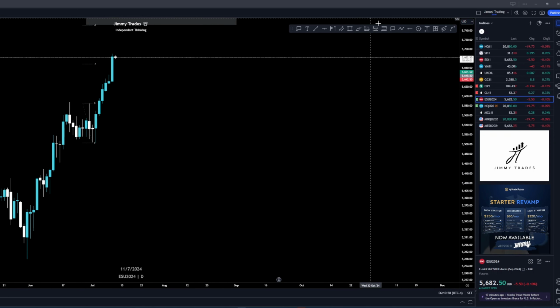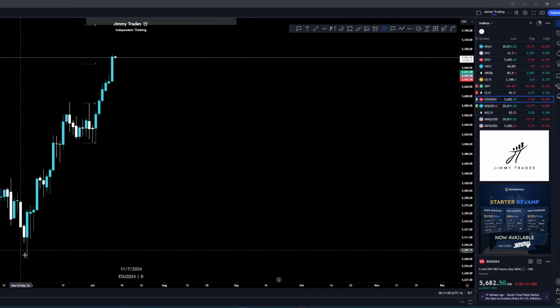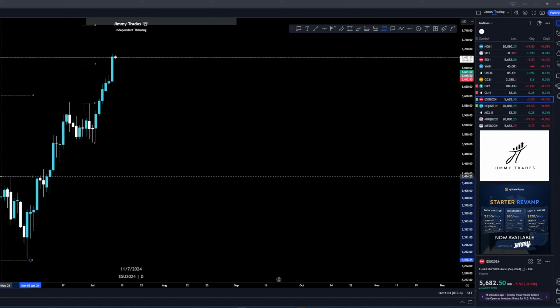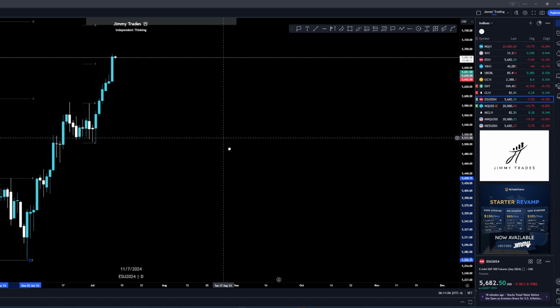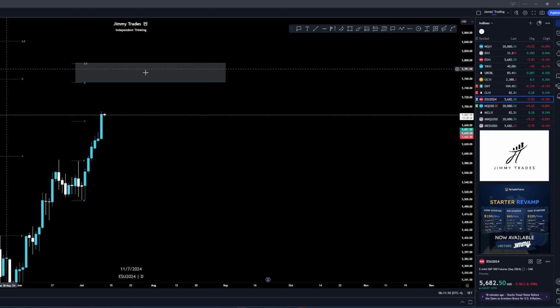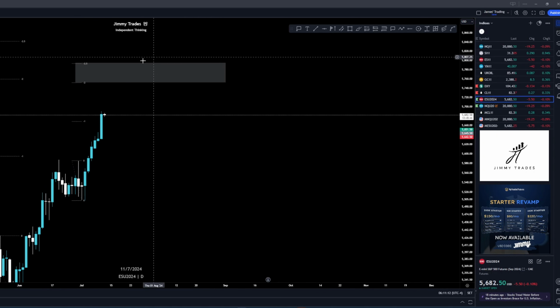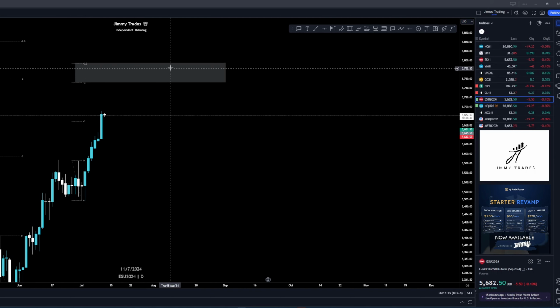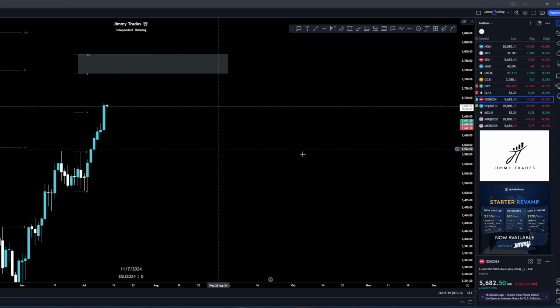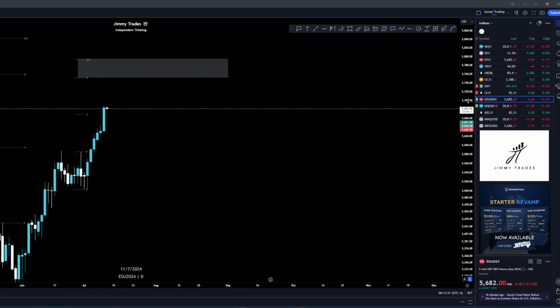Now, if we run the standard deviations from here, I think I did this the other day. So interestingly enough, we get an overlap here. So it's a good area to target this. If we don't see a change in the state of delivery on the hourly for a bearish, then I reckon we can anticipate price to reach up here.